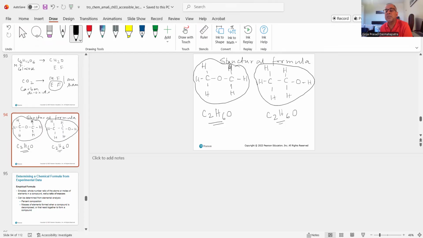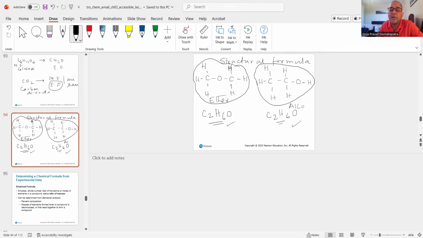So sometimes the formula of a compound is not good enough to represent the uniqueness of the compound. They need to be written in terms of structure. They are called structural formula. If you write these two compounds in this way, as we normally write many compounds in chemistry, actually this is a compound called ether, and this is called alcohol.